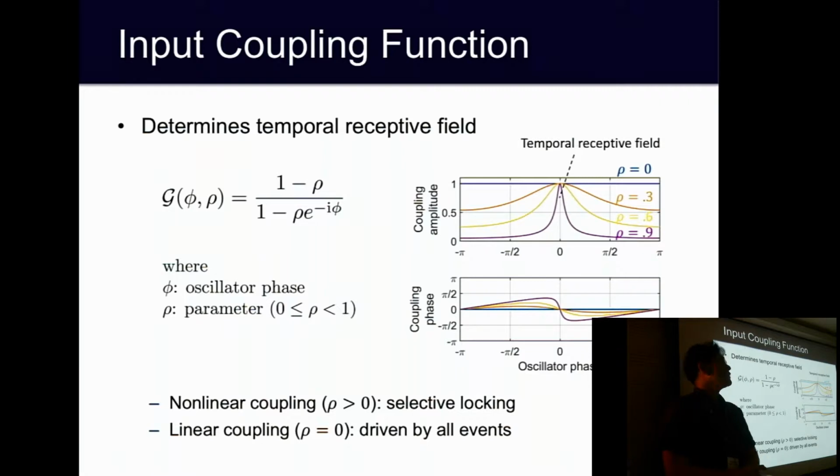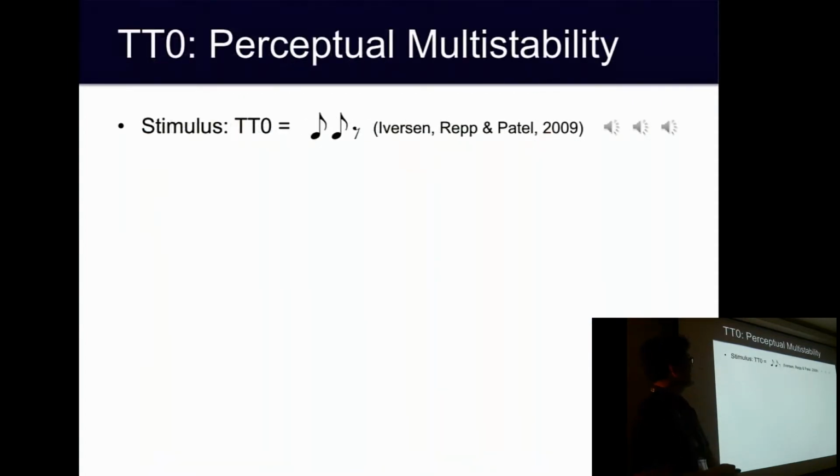That means with this non-zero rho, oscillators are more sensitive when they're close to zero phase, and they can ignore onset events that fall outside their temporal receptive field. So this nonlinear coupling with a positive rho allows selective locking of oscillators, while they can ignore other onsets. But with linear coupling, a flat coupling function, oscillators cannot ignore any onset, so they are driven by all onset events. So let's see what the consequences of this are.